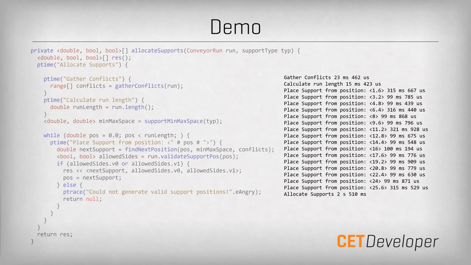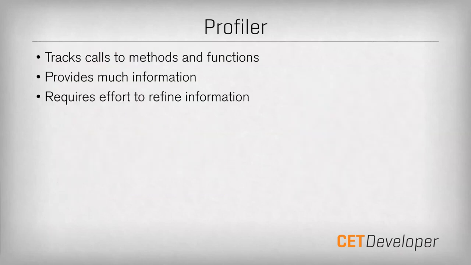Right. So p-time, it's quick, but oftentimes if we're doing some more serious performance tracing, we're going to want some more information. We're going to want some more context. So for that, we have two tools available. We have probes, which we'll look at a little bit later, and we also have the profiler. The profiler is a pretty handy tool.